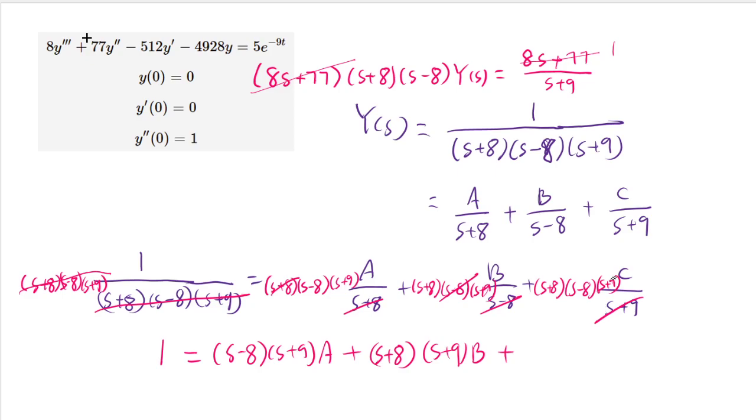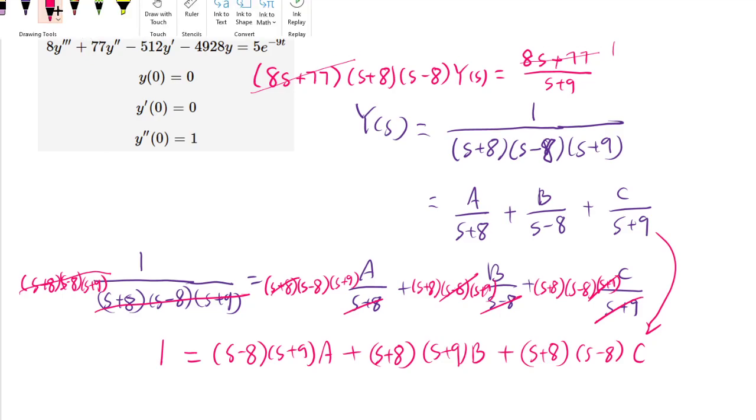And then s plus 9, s plus 9 will cancel, and you get s plus 8, s minus 8 times c. Okay, so hopefully you can just see this and go straight to this without having to write all this. It should be obvious if you try to imagine what's going to happen, which factors will cancel and which will survive. So this is what you have.